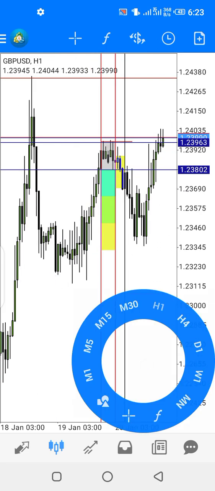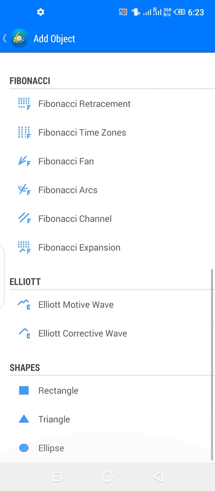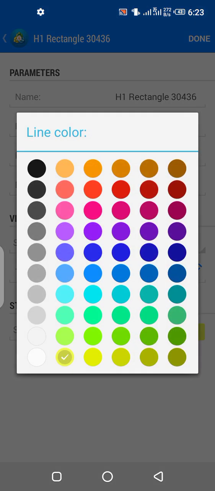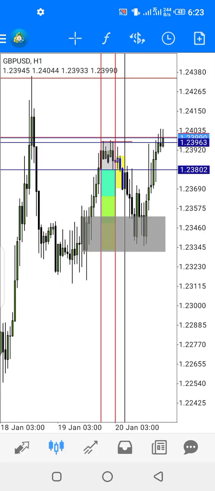If you look at this place, we have another block here. It's not a high probability block because it does not have a fair value gap to it, but we have another block there. So you can anticipate that maybe the market will drop to that block before continuing.